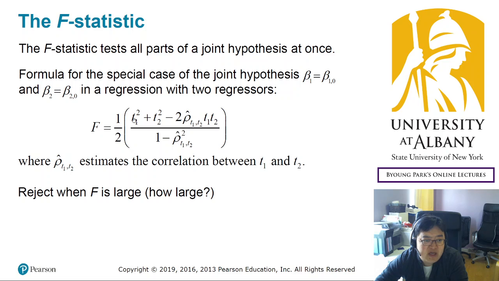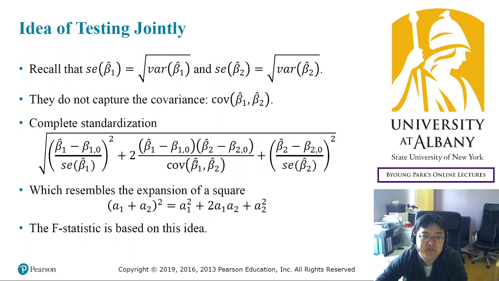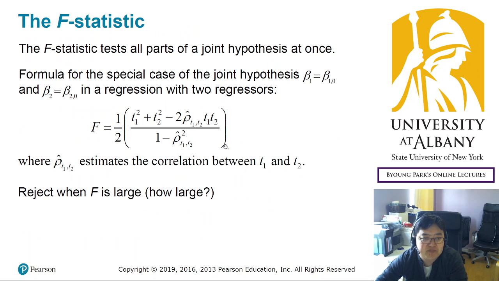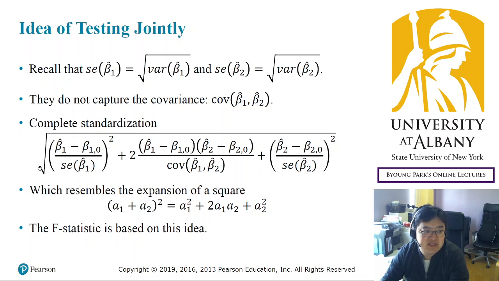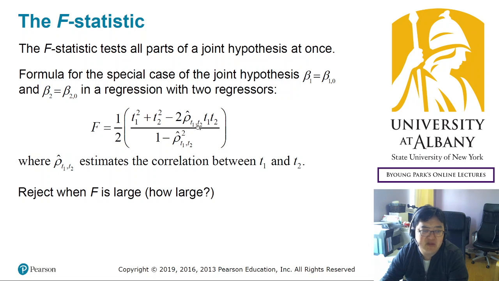Here we have T1 and T2. These are T statistics, and rho is the correlation between those two T statistics. So rho contains the information about the covariance. The covariance is captured in here, and some algebra will make the F statistic take this form. But the idea is simple. The F statistic does not have the radical, but what is inside the radical can be replaced by this.